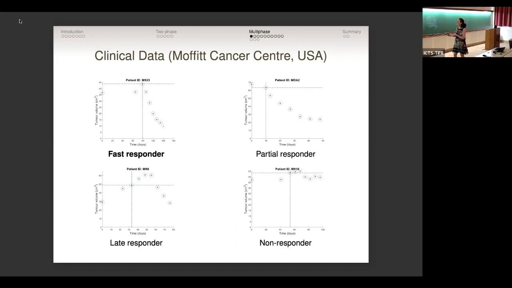So what we did was we were trying to understand this data, and what we thought about was writing down a three-phase model. So very similar to the ideas this morning. So we've got cells and water and dead material, right?